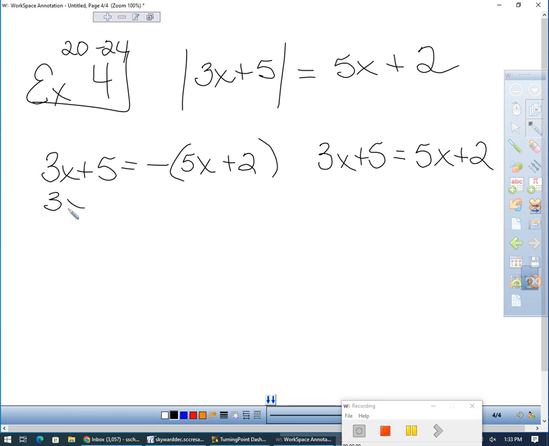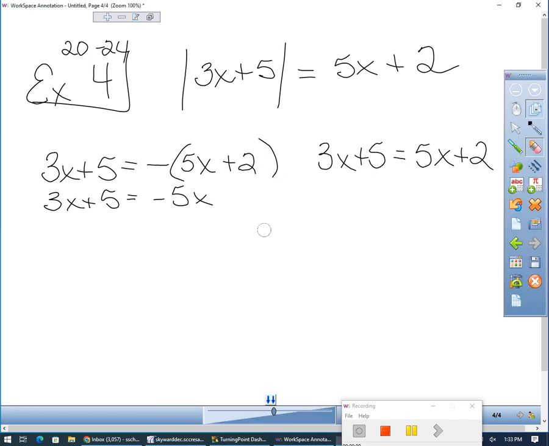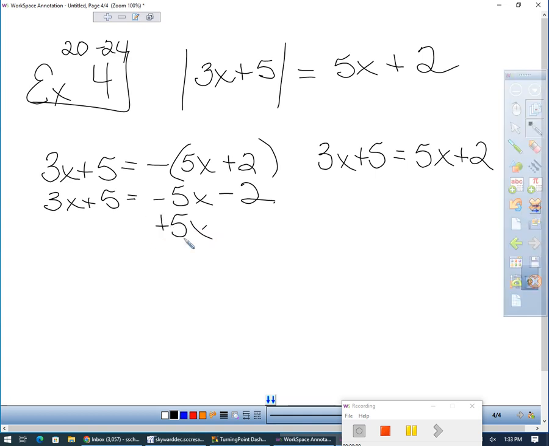So we have 3x plus 5 equals negative 5x minus 2. Now I'm going to move my negative 5x to the other side by doing what? Add it. So plus 5x to both sides. So I have 8x plus 5 equals negative 2.